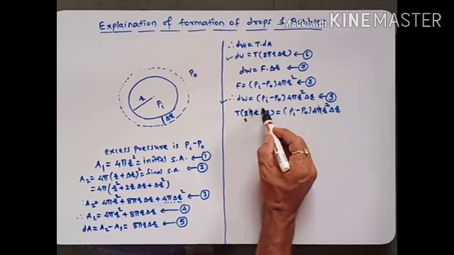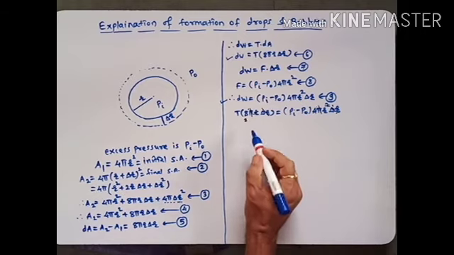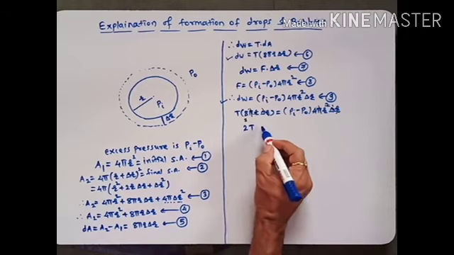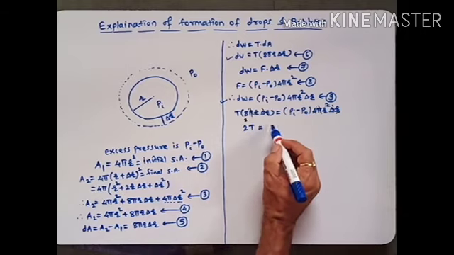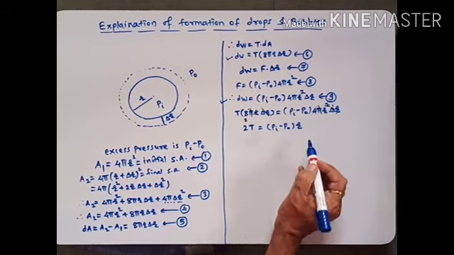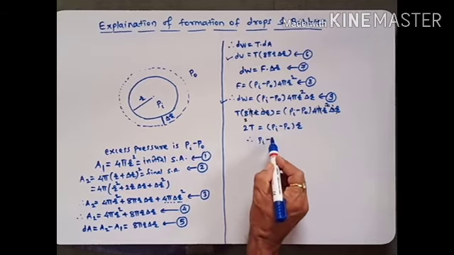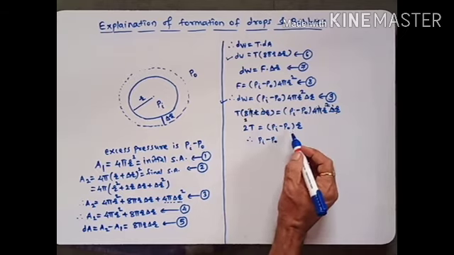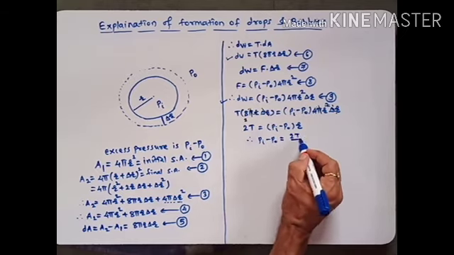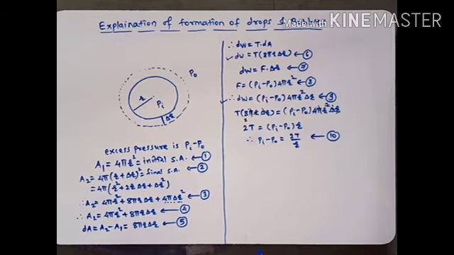Also delta r cancels completely. And we can write here 2T is equal to Pi minus Po into only r. And therefore Pi minus Po, this is the excess pressure, is equal to 2T upon small r. Suppose this is equation number 10.